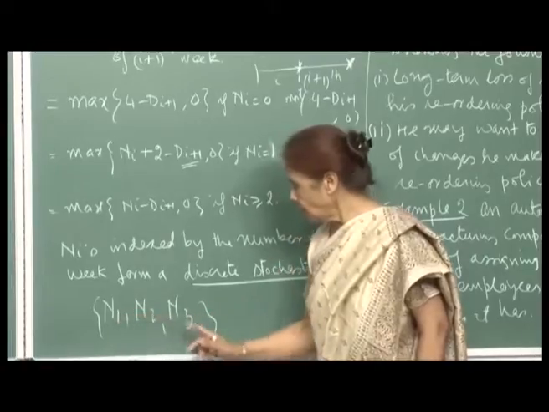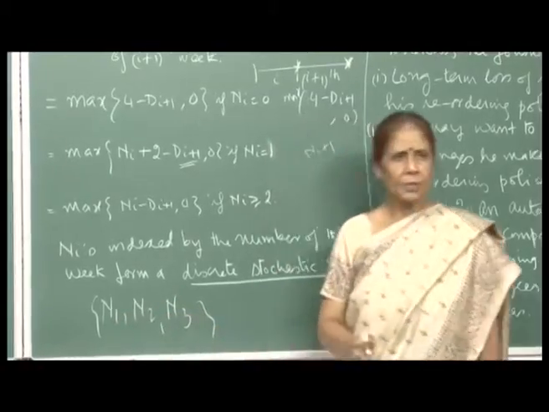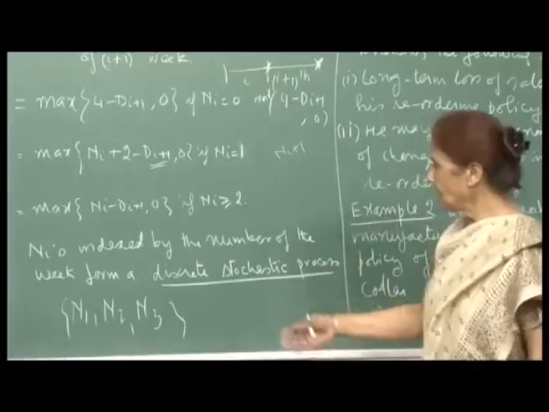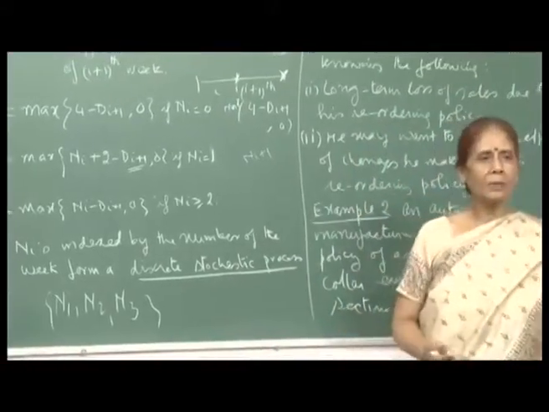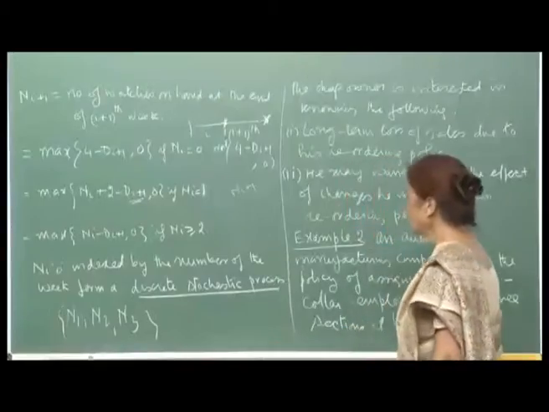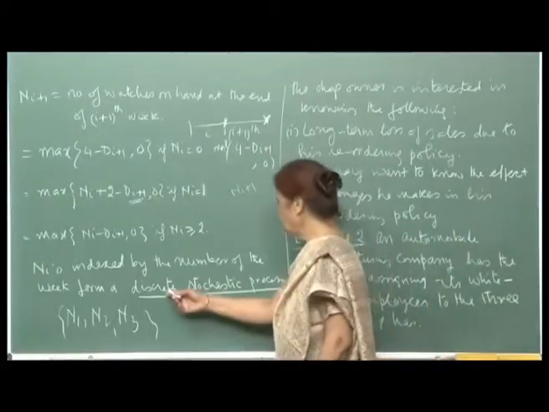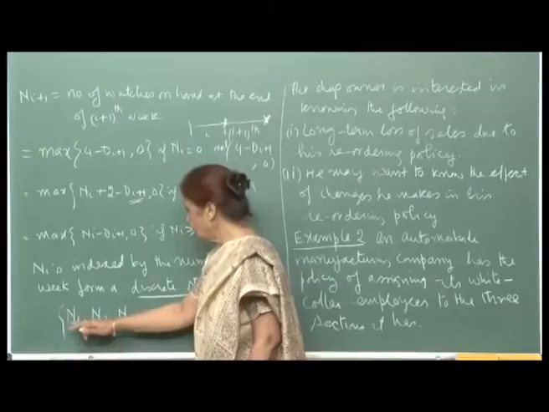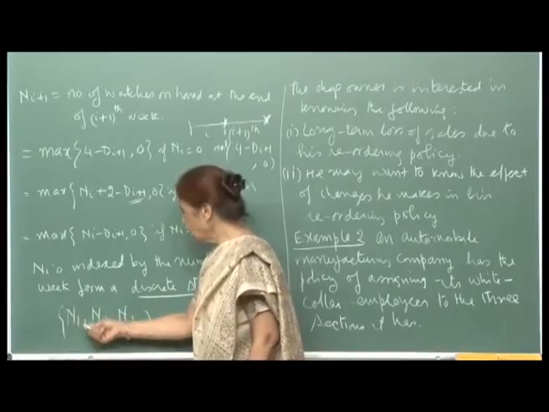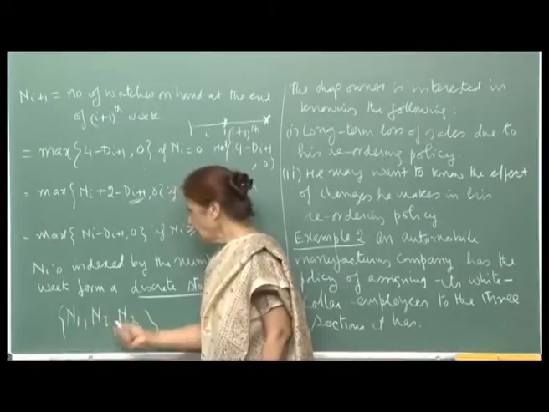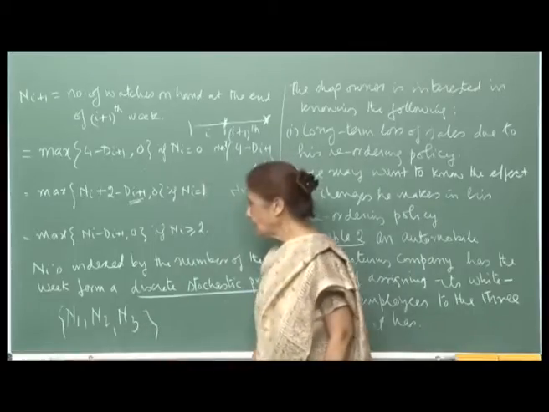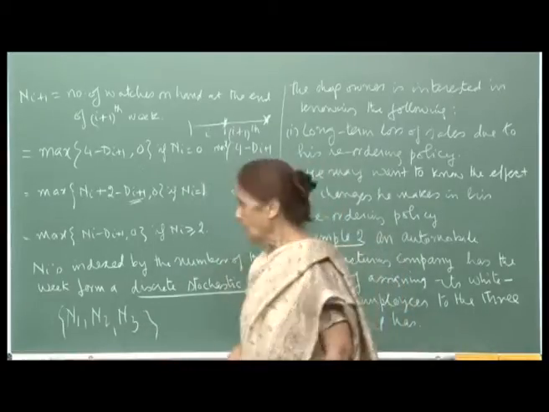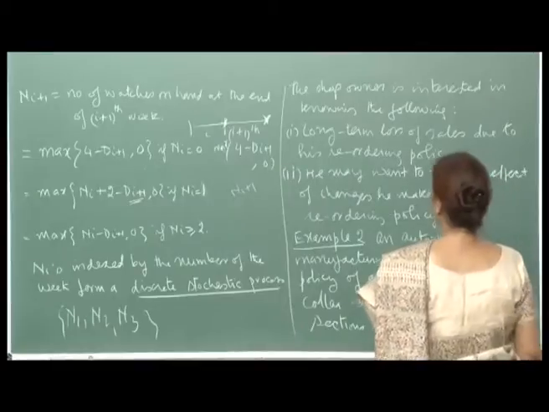So, n1, n2, n3, and the unit of time can be anything. Here it is a week, it could be a month, it could be an hour or whatever it is. And therefore, the word discrete. So, this is a random phenomena which is being indexed by discrete time period, and therefore, we will call this a discrete stochastic process.